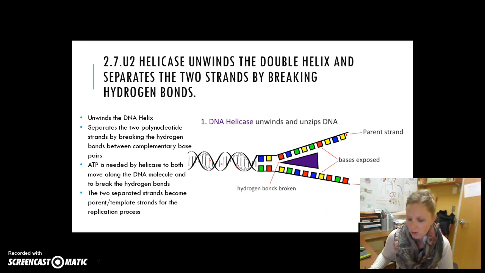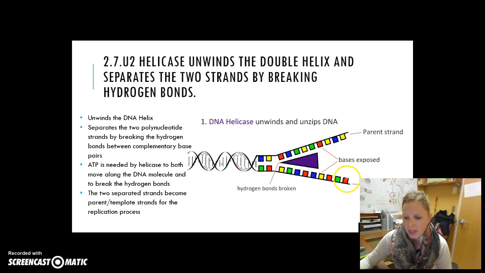This is our 3 prime end over here, which would mean that if I follow this all the way down over here, right here is the 5 prime end of that same thing. And then the same thing here, 3, 5, sorry for the clicks.